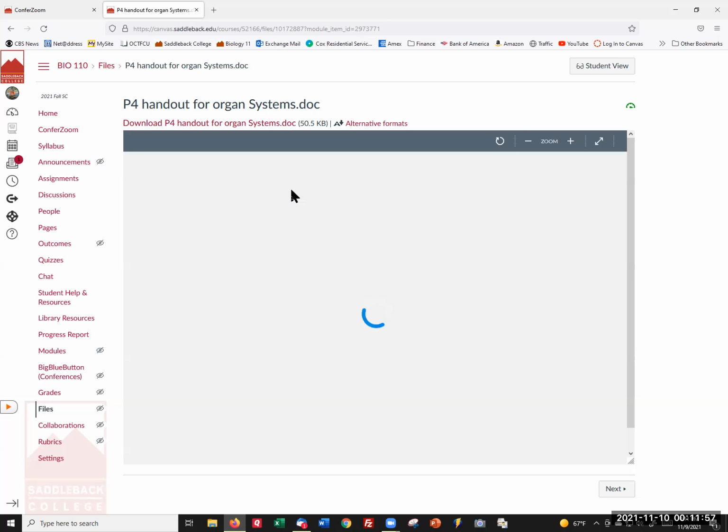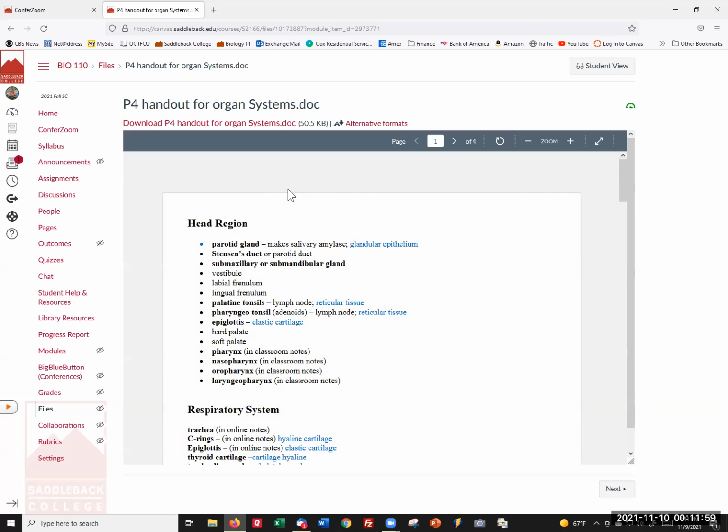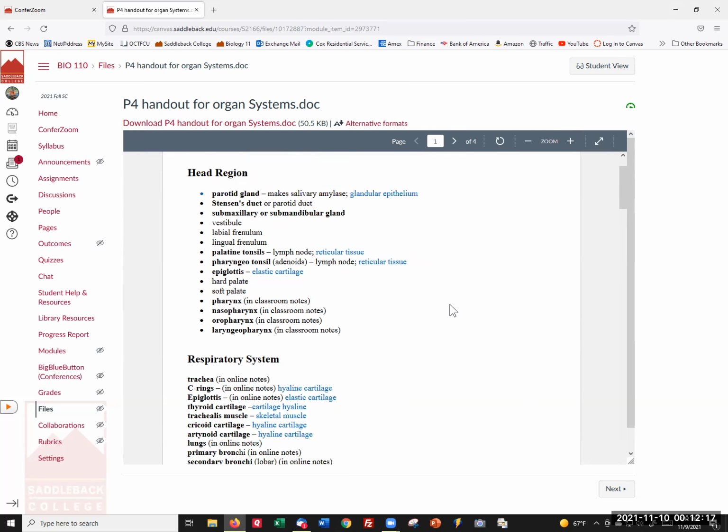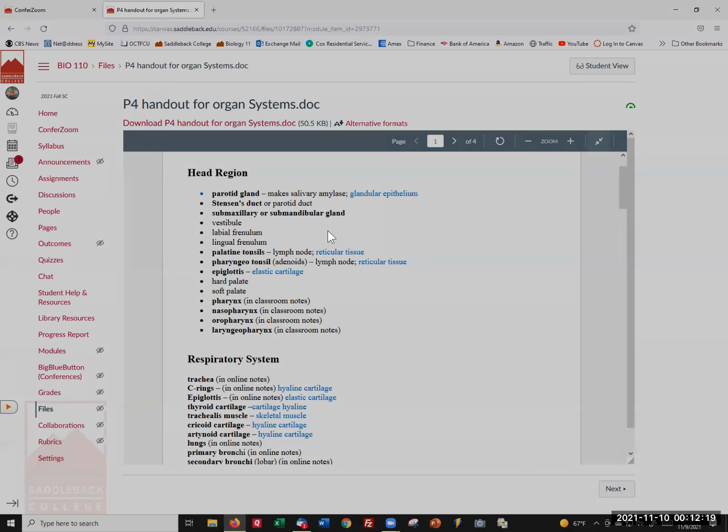It always takes a little bit longer when it's first loading up. Okay, so you have the head region. You're going to have all of these organs. Many of them we've already talked about. That's just icing on the cake that you can do those again.